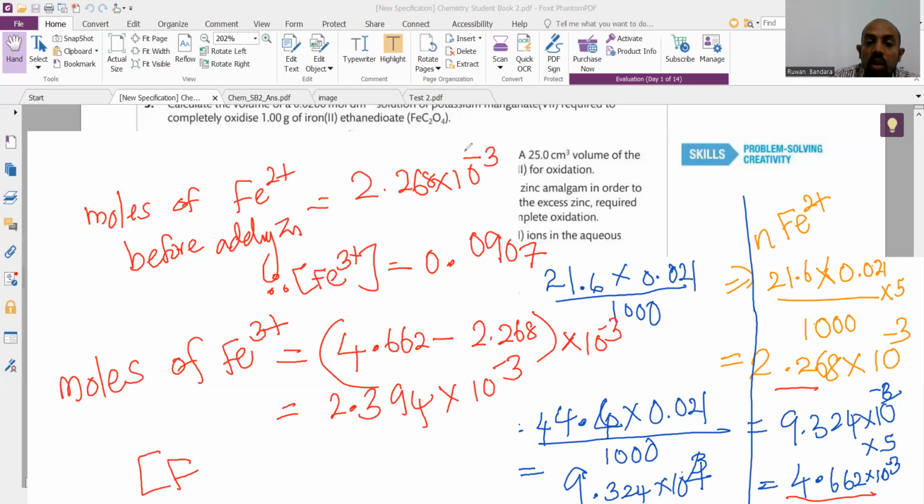And the concentration of, sorry, the previous one should be concentration of Fe2 plus. Thank you. And the concentration of Fe3 plus is divided by 25 again. 0.0958 mol dm minus 3. These are the answers.